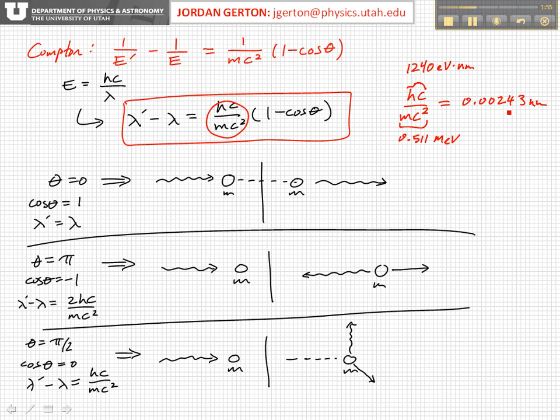So you can't use visible light to observe this effect, and in fact Compton used X-rays. These are very high energy photons with wavelengths of less than 0.1 nanometers. In that case, you can actually start to resolve these wavelength shifts, because they're a reasonable fraction of the wavelength.